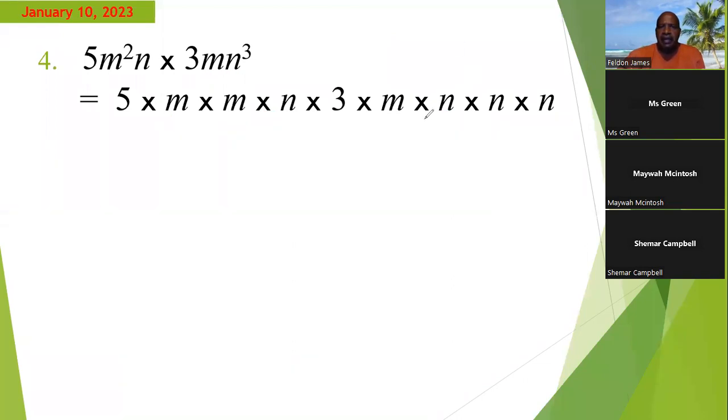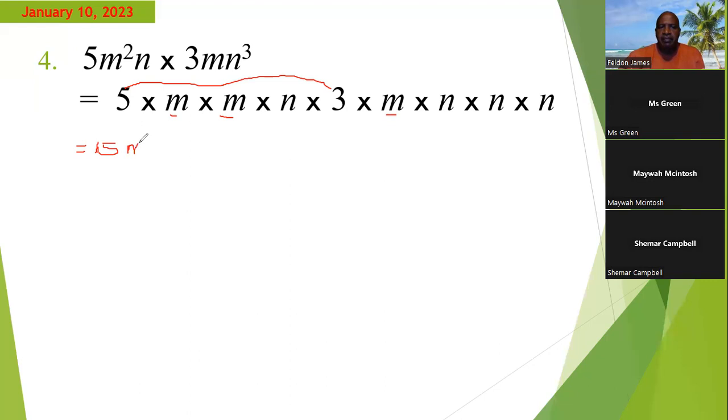Now, once you expand them like that, you go ahead and you multiply the numbers together. So you will get 15. Now, for the letter m, you count how many of them you have. 1, 2, 3. So because you have 3 m's, then your power is going to be 3.